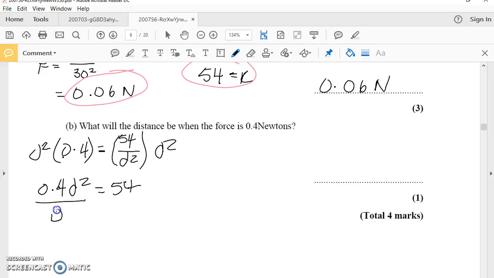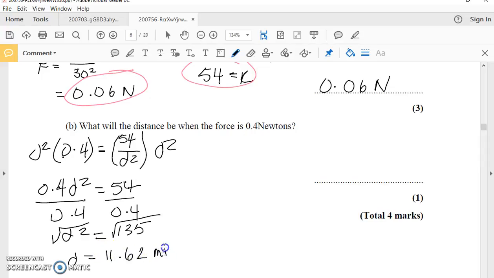Okay, I'm going to divide both sides by 0.4, get an answer of d squared equals 135. Okay, and then to find my distance, I'm going to square root both sides, and I get an answer of d equals 11.62 miles, or 11.6 miles.